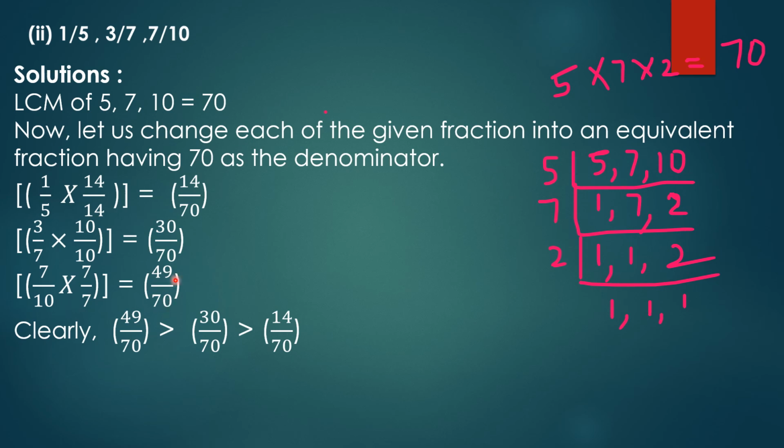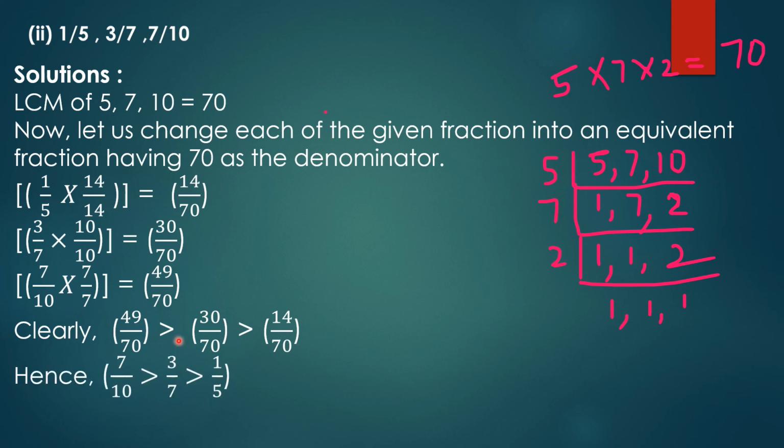Now which is the highest among the three? 49 is the highest, and next 30, and next 14. So it will come in the descending order. Therefore 49 by 70 is greater than 30 by 70, and that is greater than 14 by 70. Now this is the descending order of the equivalent fractions.